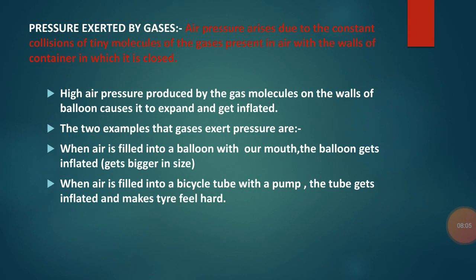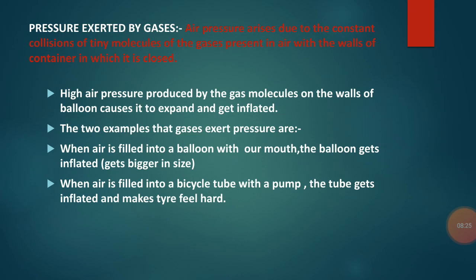Now we are going to learn about the pressure exerted by the gases. In our previous part, we have already discussed the pressure exerted by liquids. So in this part, we are going to discuss the pressure exerted by gases.